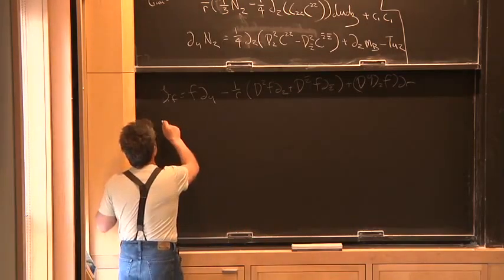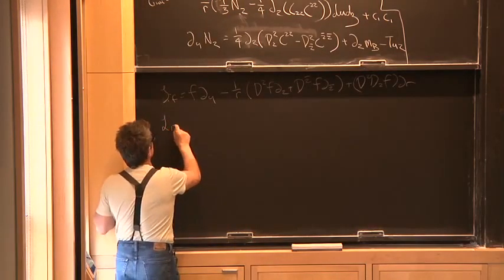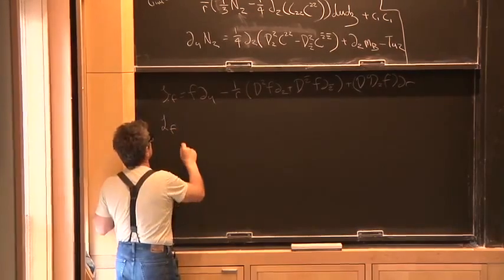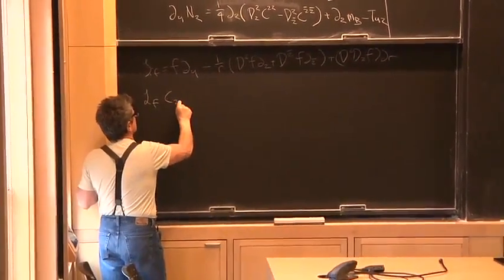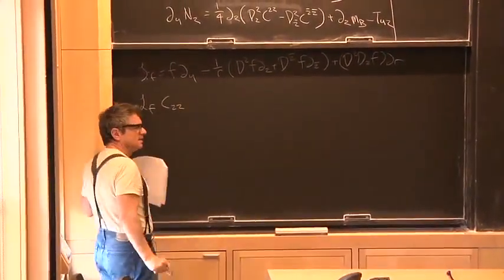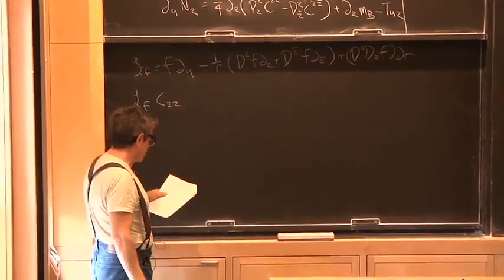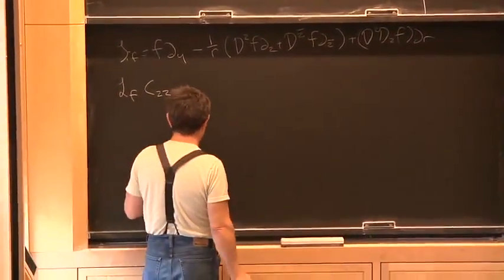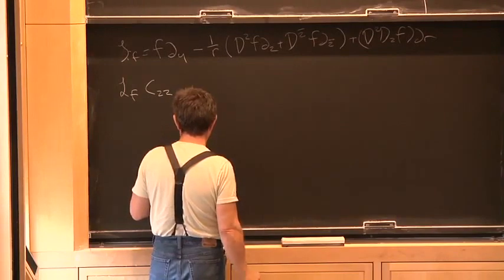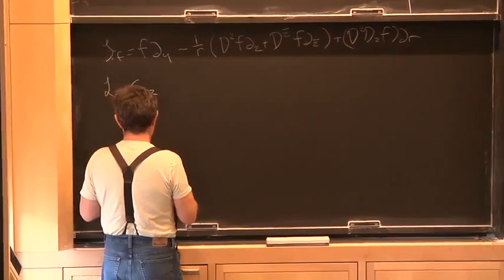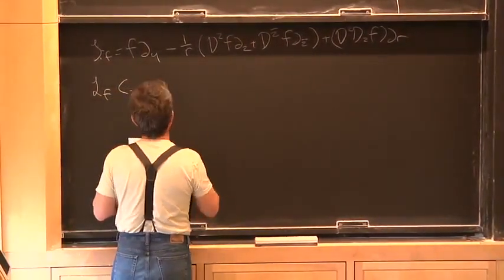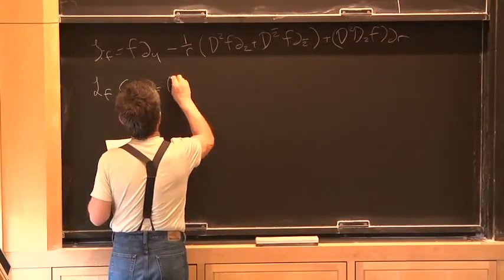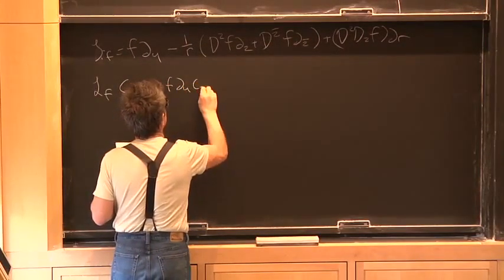In particular, the most interesting piece: if we take the Lie derivative with respect to zeta f and act on the metric and see what the resulting CZZ is, we get what you would expect, which is f du CZZ.